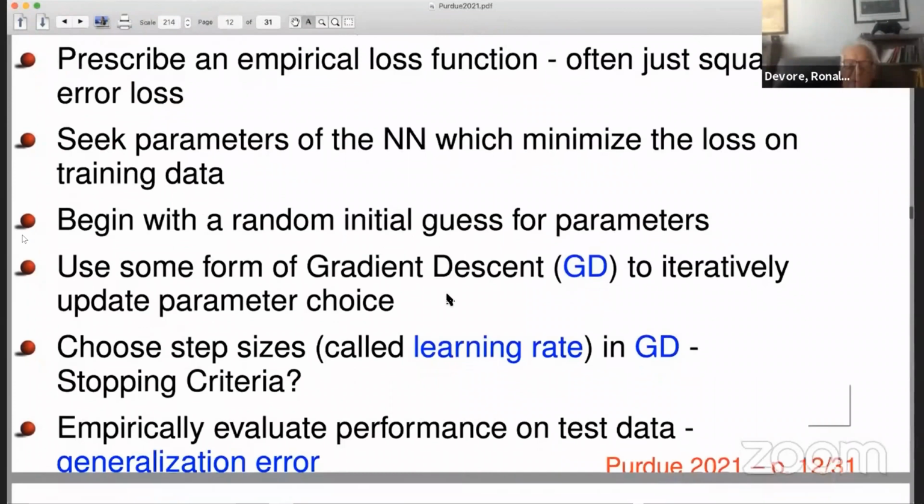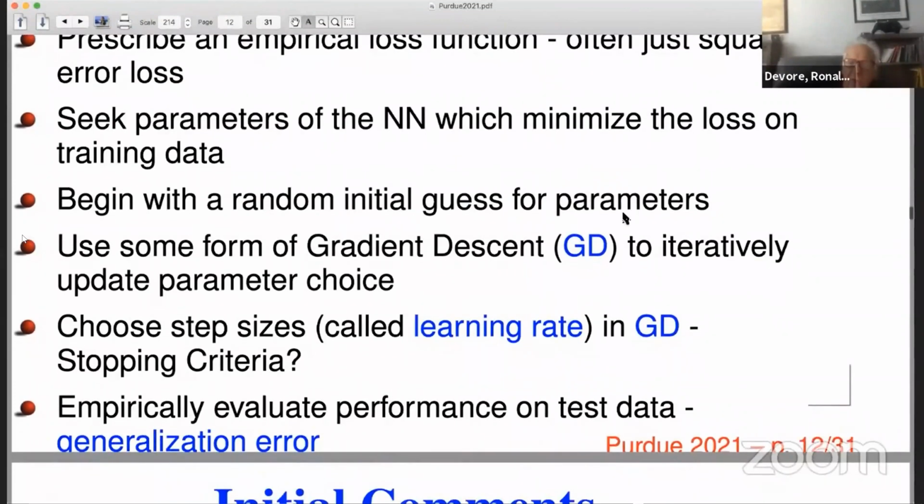It does this by starting with an initial guess for the parameters of the neural network, and then utilizes either gradient descent or some relative to gradient descent, such as stochastic gradient descent, to update the parameter choice. How it implements this gradient descent is a real issue.